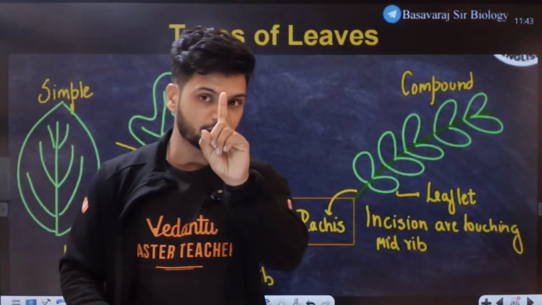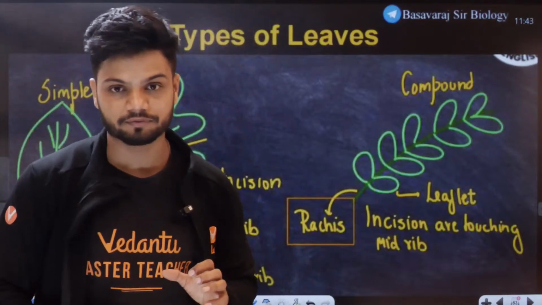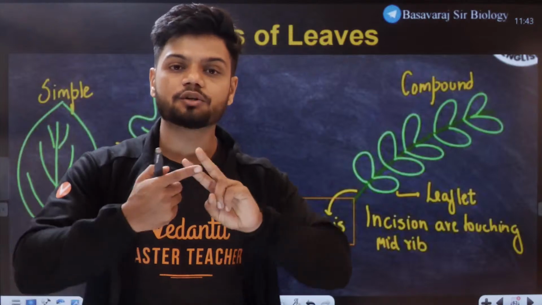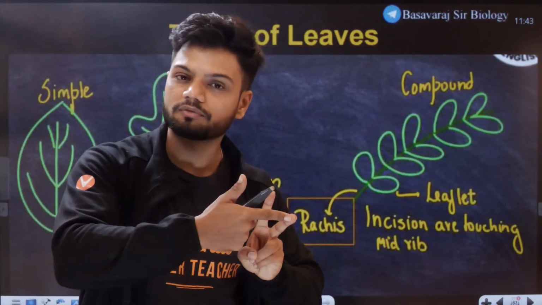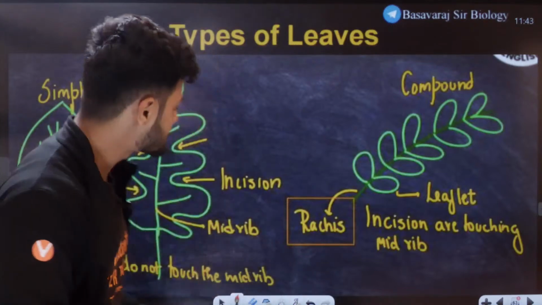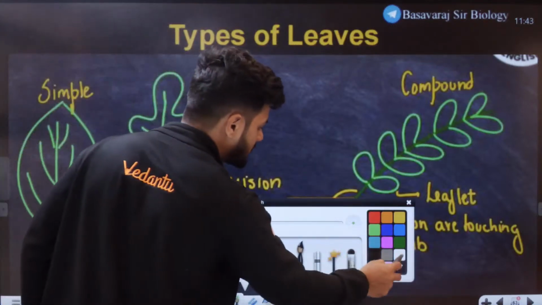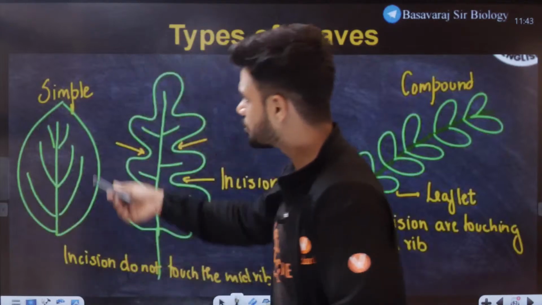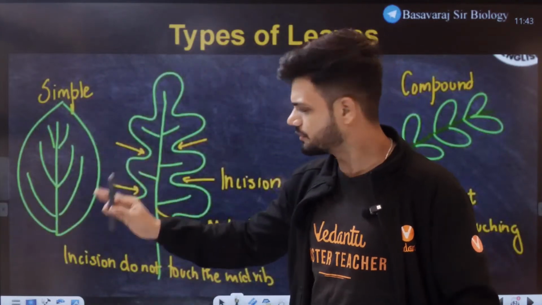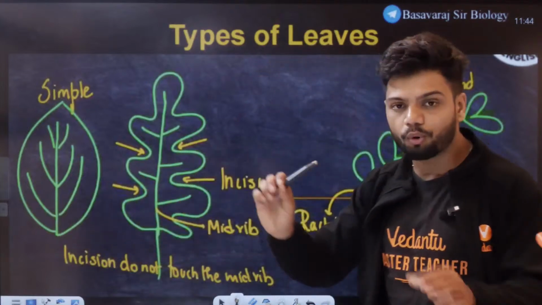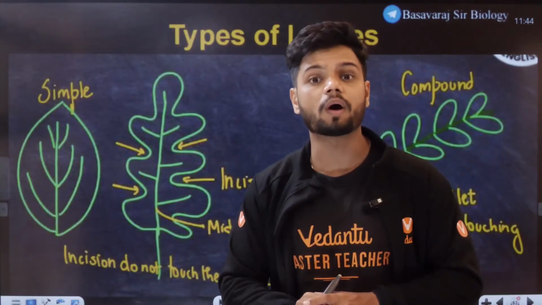Now all of you understand the types of leaf very carefully. A very big concept is coming up now. There are two main types of leaf: simple leaf and compound leaf. What is the difference? You might have seen this type of leaf in your neighborhood. This leaf and this leaf are both types of simple leaf. Why?